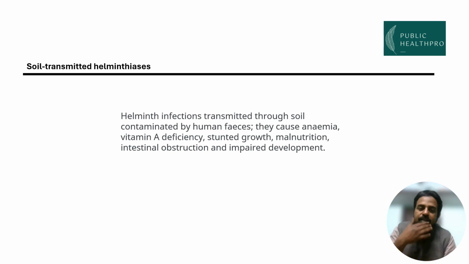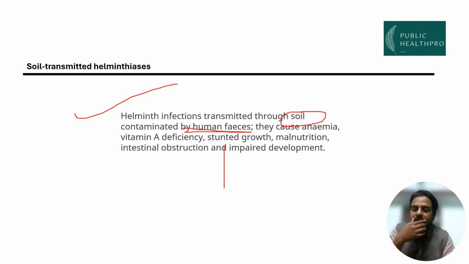And apart from this, soil transmitted helminthiasis. This is different from the first one. Helminthiasis spreads directly from soil contaminated by human feces. This directly causes anemia and vitamin A deficiency, resulting in stunting as well as malnutrition.